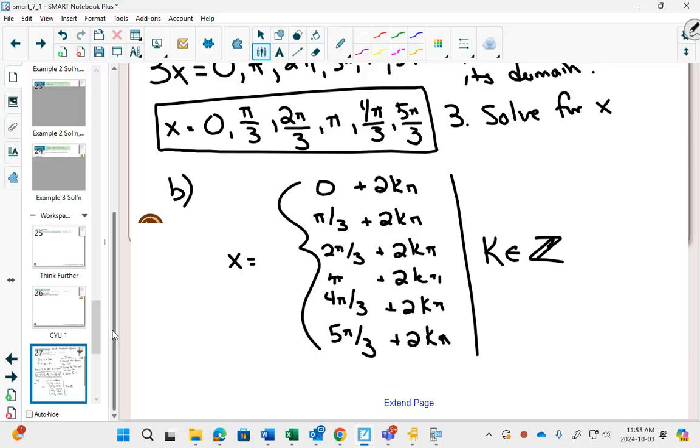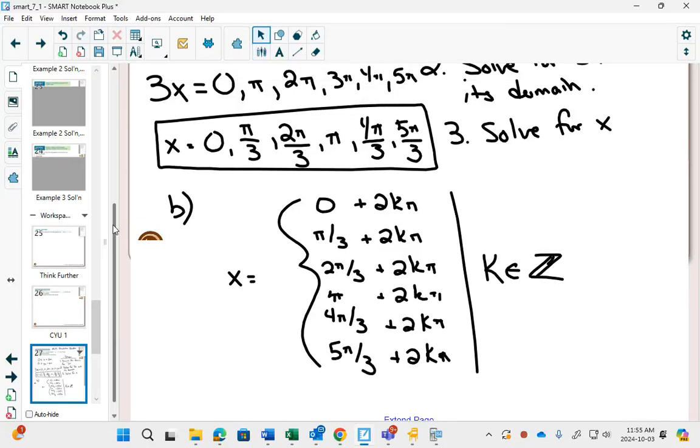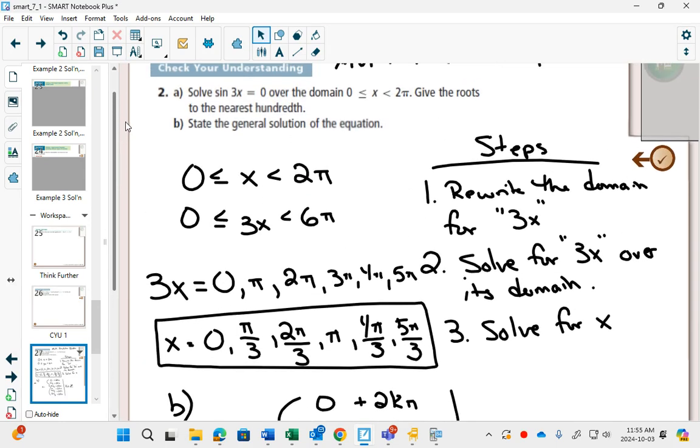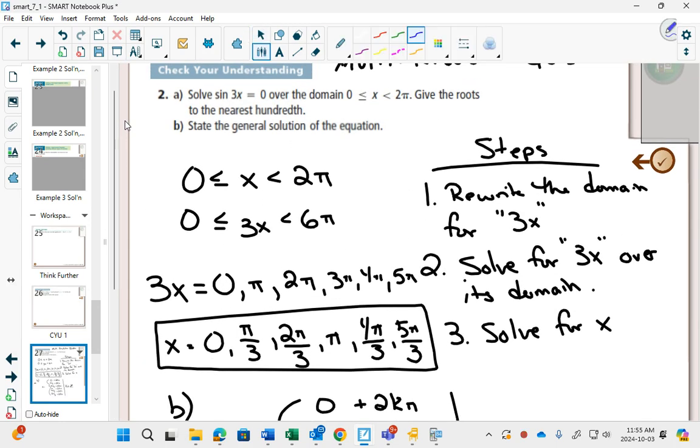So again, some people like to actually do this. It's perfectly fine if you want to do this. Just say, this is confusing for me with a 3x there, so I just change it to a theta.